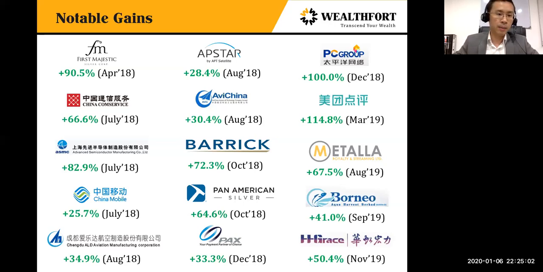These Chinese companies are mostly H shares, which are traded in Hong Kong, where you can actually participate. Not many courses really cover Chinese companies, but we believe in the future of China. That's why we covered Chinese companies which are undervalued and have huge potential. Some of them are also state-owned enterprises. So this is the track record that we have.